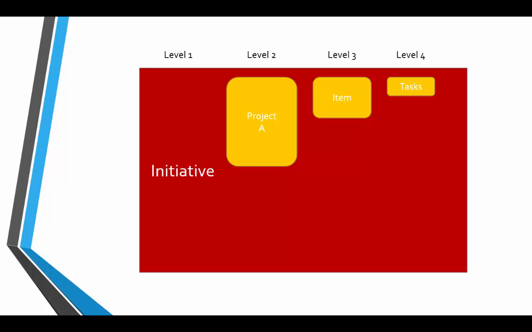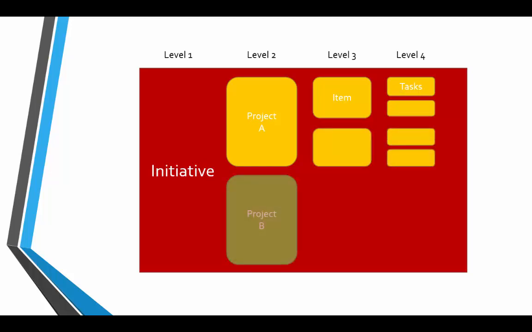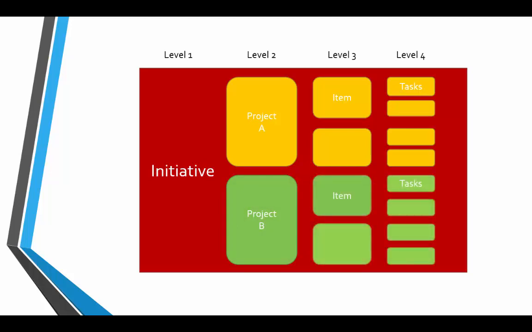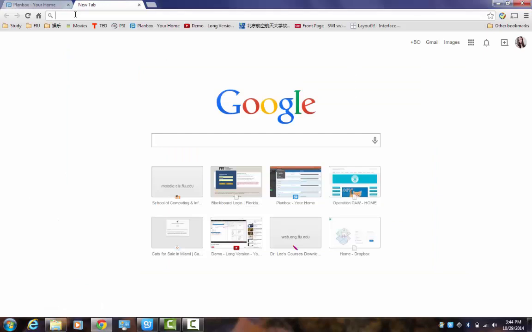You can have as many tasks as you want per item, as many items as you want per project, and you can have multiple projects per initiative. All Planbox accounts have unlimited initiatives and limited projects, so you can customize the structure of Planbox to meet the requirements of your organization. Now let's get started with Planbox.